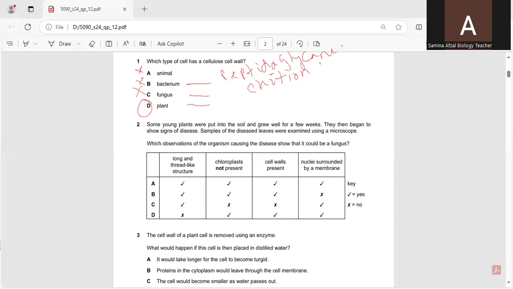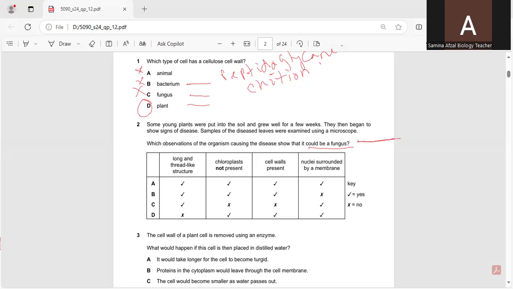Question number 2: some young plants were put into the soil and grew well for a few weeks. They then began to show signs of disease. Samples of the diseased leaves were examined using a microscope. Which observations of the organisms causing the disease show that it would be a fungus? You know, fungi are eukaryotic cells.